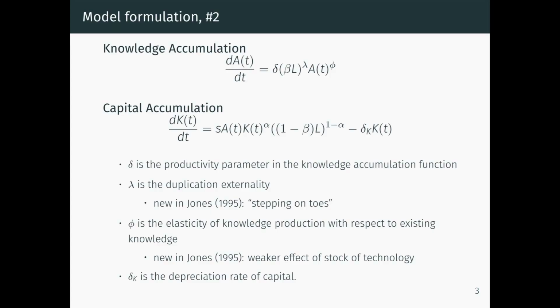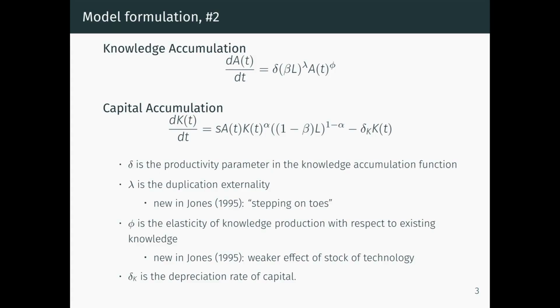The second differential equation that is stated here is capital accumulation, which, as you may know, is in this simple model simply new investment minus depreciation. So the first term here is investment. You see s, the constant saving rate, times the production function, so times total output.